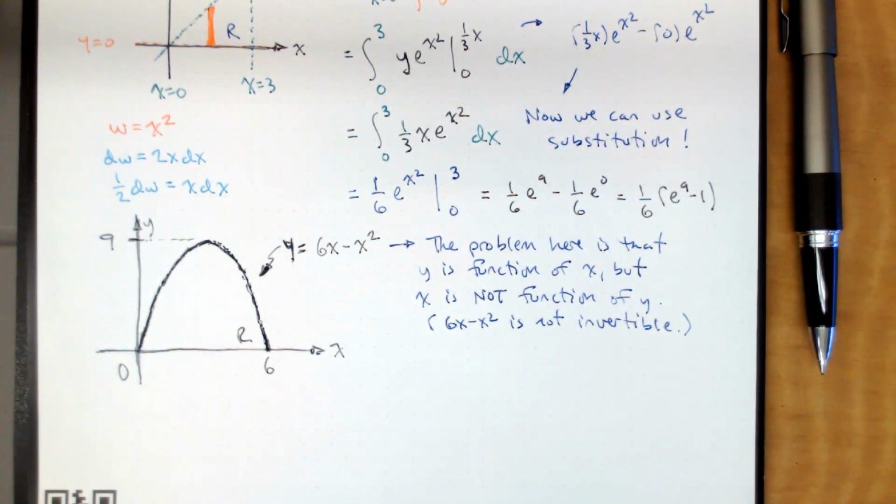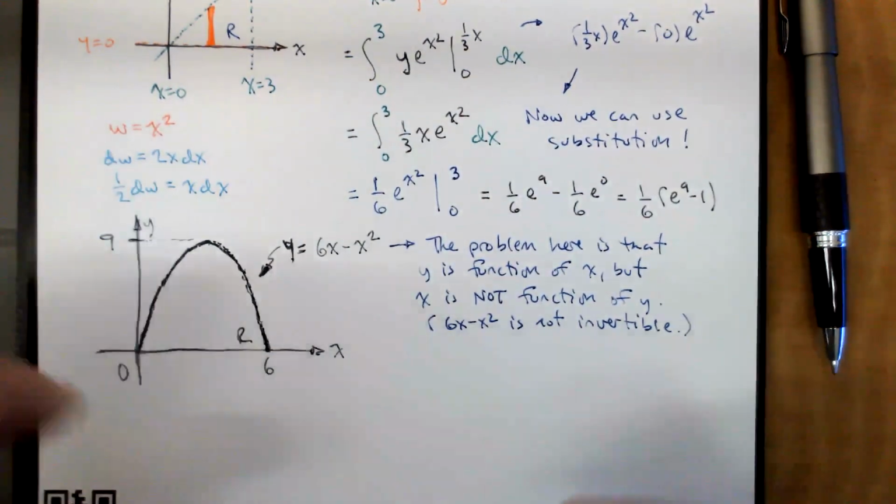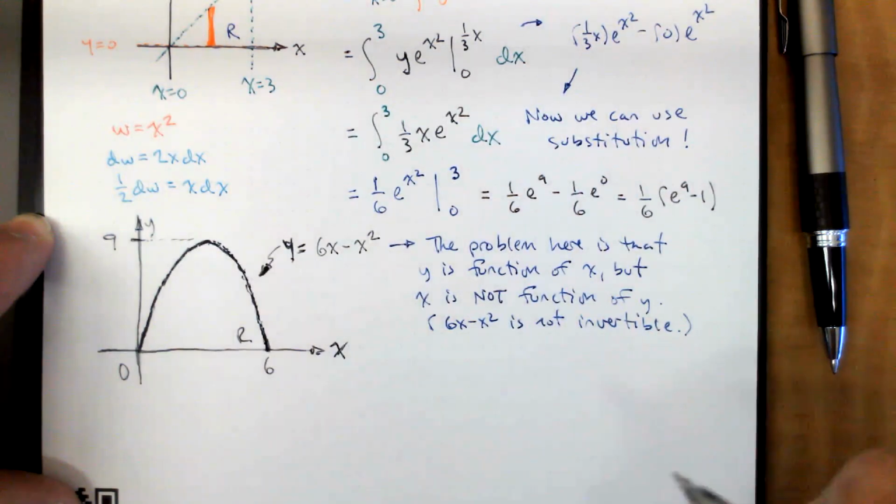That means I need to do the dx integral on the outside and the dy integral on the inside. So when I set up a double integral, the easy direction is going to be dy dx.